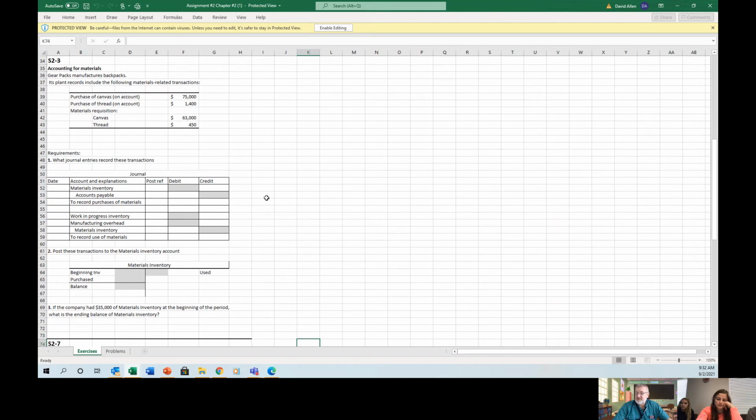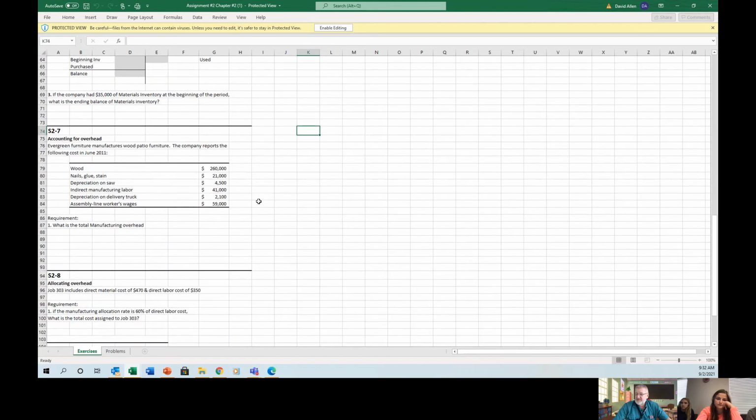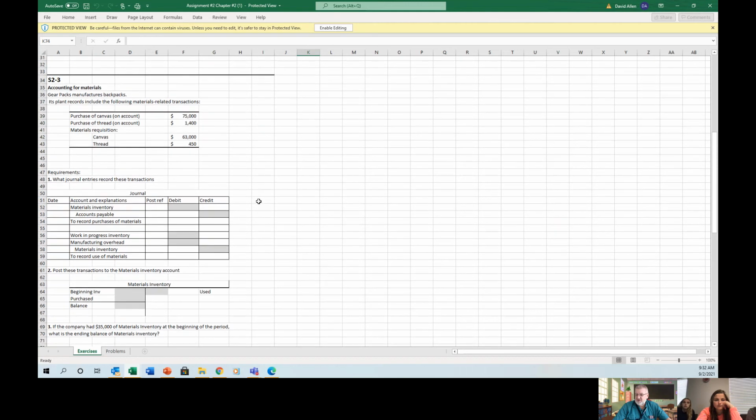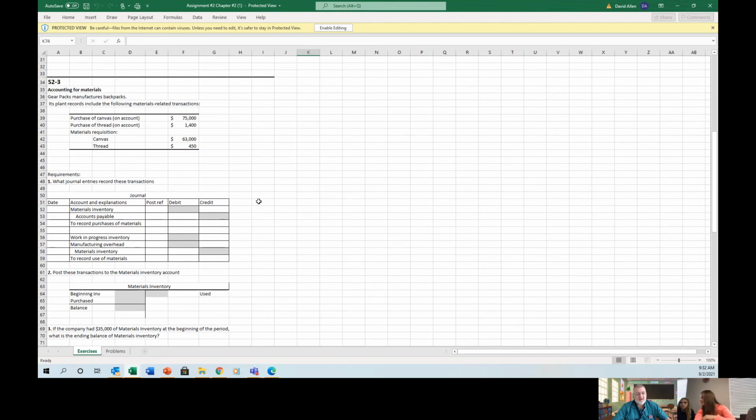So here's the exercise that I want to help you with, because this is the journal entry stuff. Hopefully you guys can hear me and you can give me the answers rather than me giving them to you. So in this scenario, material inventory. What do you think is going to go in our debit block right here for material inventory?